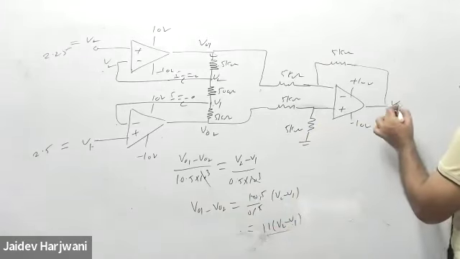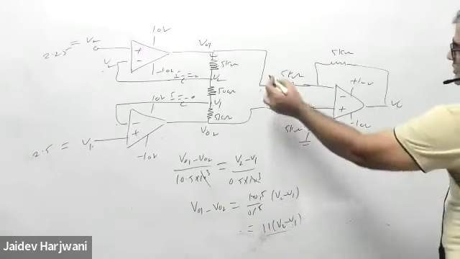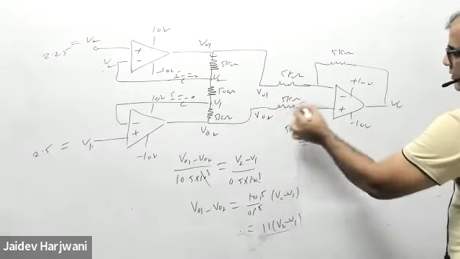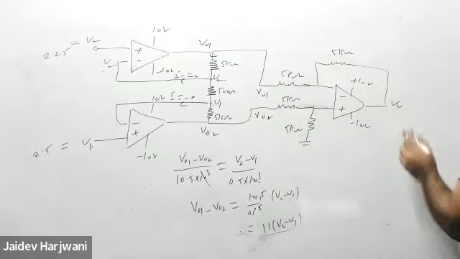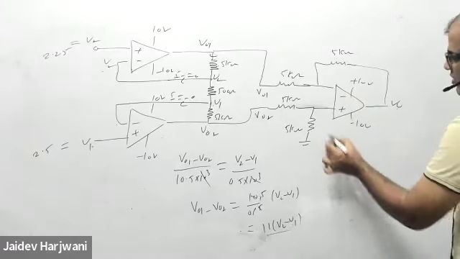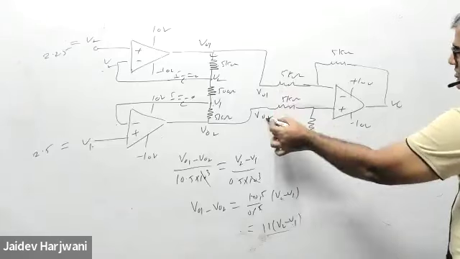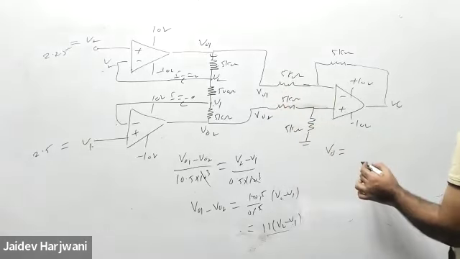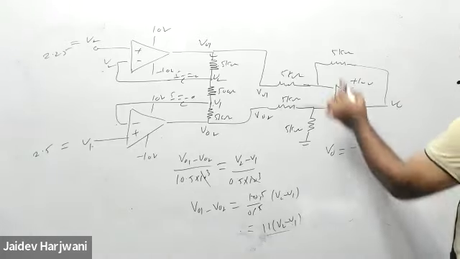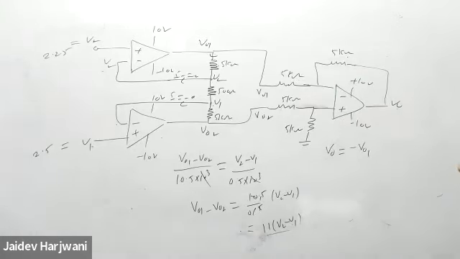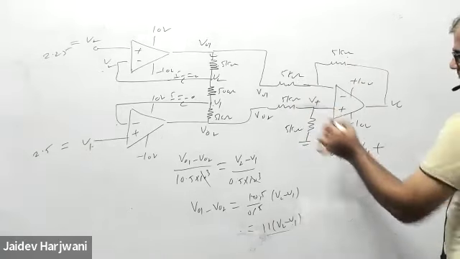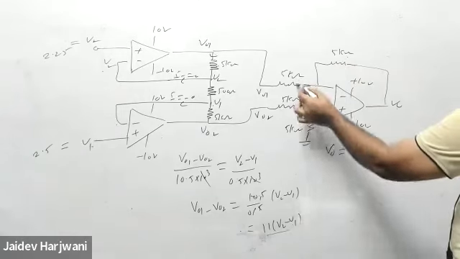Now similarly, if I want to find what is V0 here, this is V01 and this is V02. I can now solve this for V0 by the superposition principle. So superposition principle says V0 will be, this will be 0 and this is like this. So minus V01 times RF upon R, and then plus V plus times (1 plus RF by R).